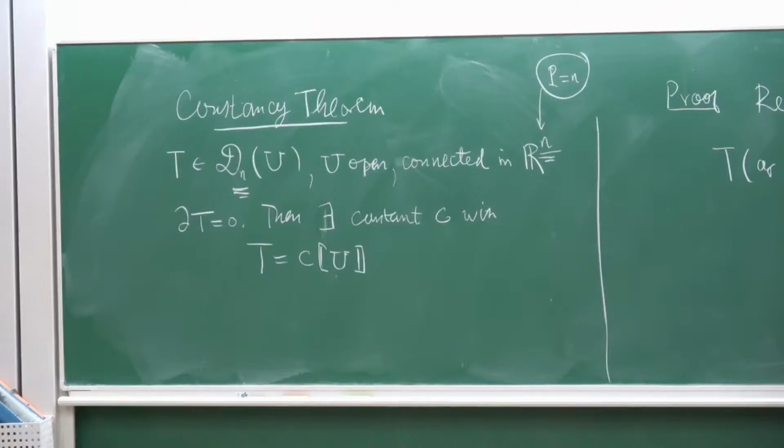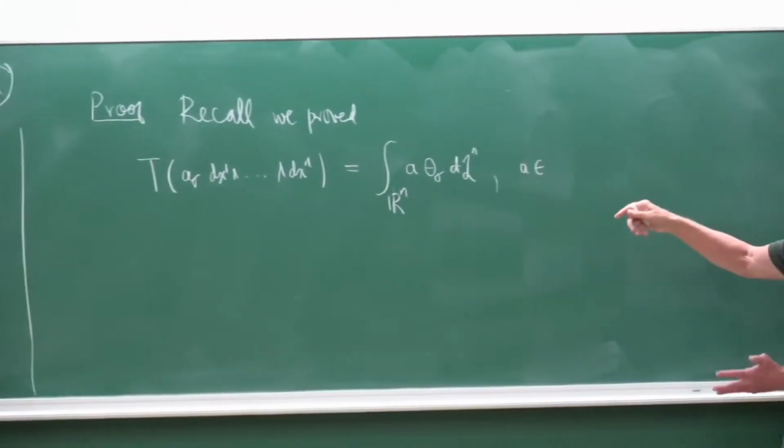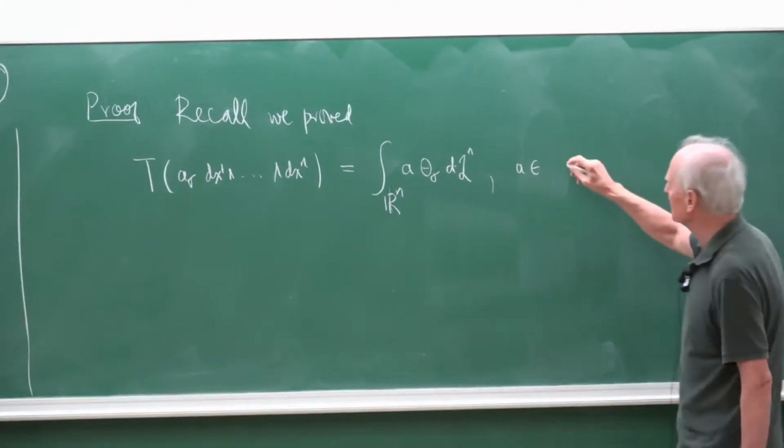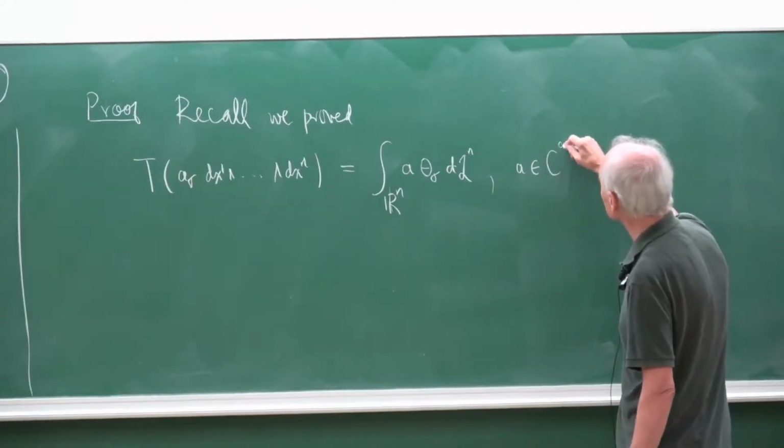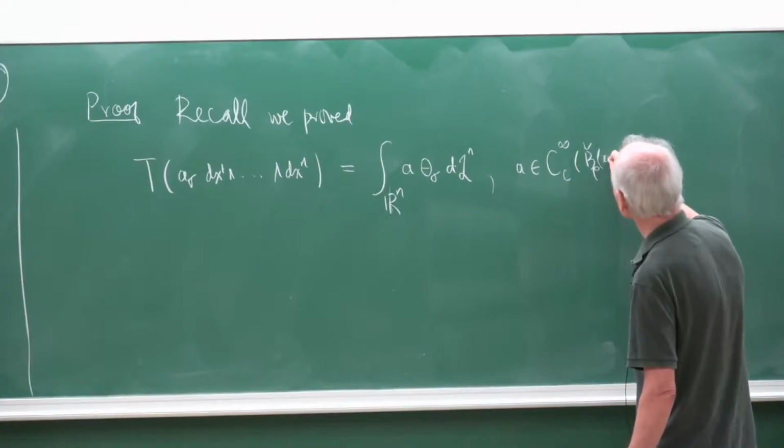This is an integral over R^n, and this is for every A. We actually proved this for every A in L1, but now we only care about A in C infinity C of the ball of radius rho centered at x0.